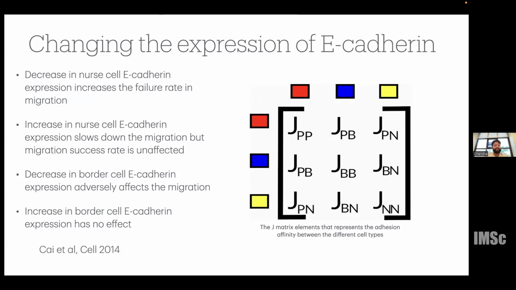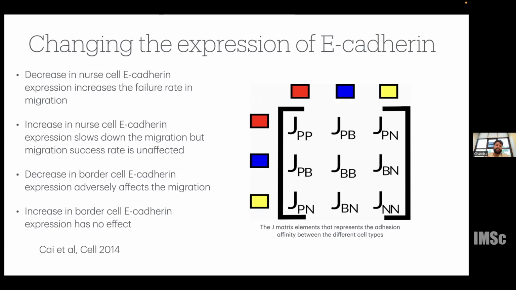When they decrease the nerve cell E-cadherin, remember nerve cells have the least amount of expression already, the border cell cluster fails to migrate, or at least they get lost, and most of the time they just don't make it. When you increase the nerve cell E-cadherin, we have increased the E-cadherin levels in the cell that expresses the least, and they always make it. It's just that they're slower. They take a while to reach there.